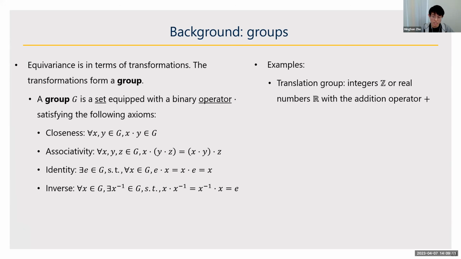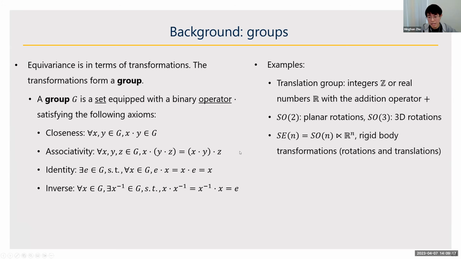So this is a very simple example of a group. And then we also have SO2, SO3, SE2, SE3, the rotations and rigid body transformations in 2D and 3D space. They are all groups because if you apply two rotations together, the output is also a rotation. You apply two rigid body transformations together, the output is also a rigid body transformation. So this is just what groups are.